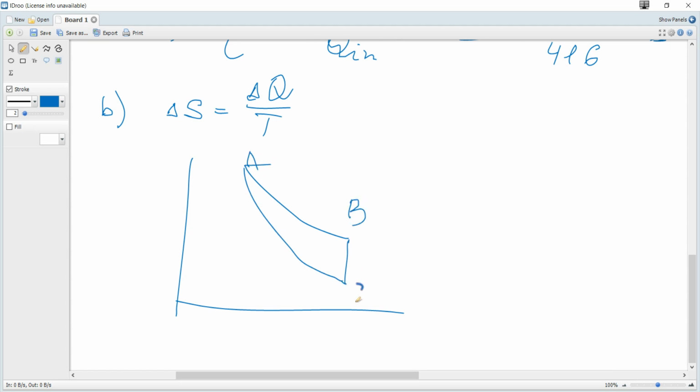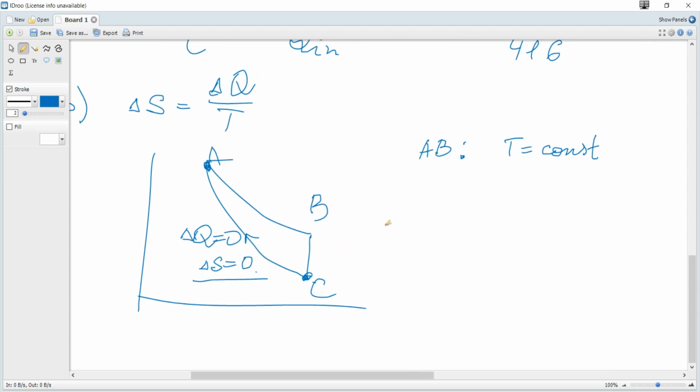A, B, C. Since AC is an adiabatic process, delta Q is equal to 0, hence the change in entropy is equal to 0. It means entropy at A is equal to entropy at C. Then for AB, temperature is constant because it's an isothermal process, and energy is supplied, so delta Q is positive, so entropy increases.